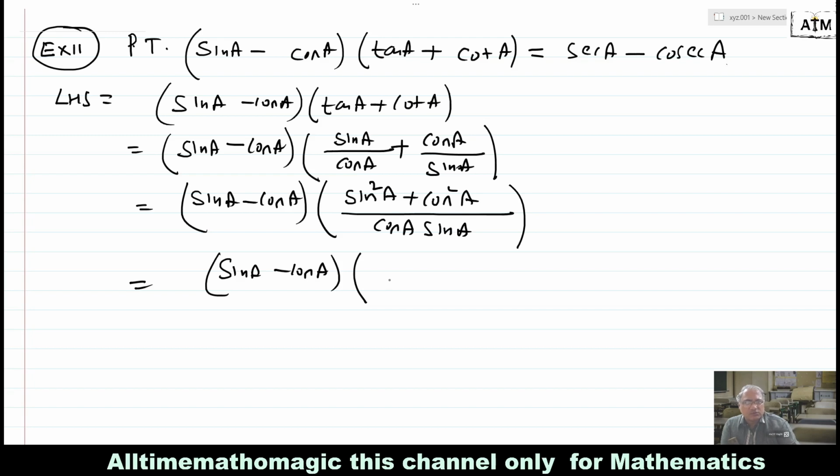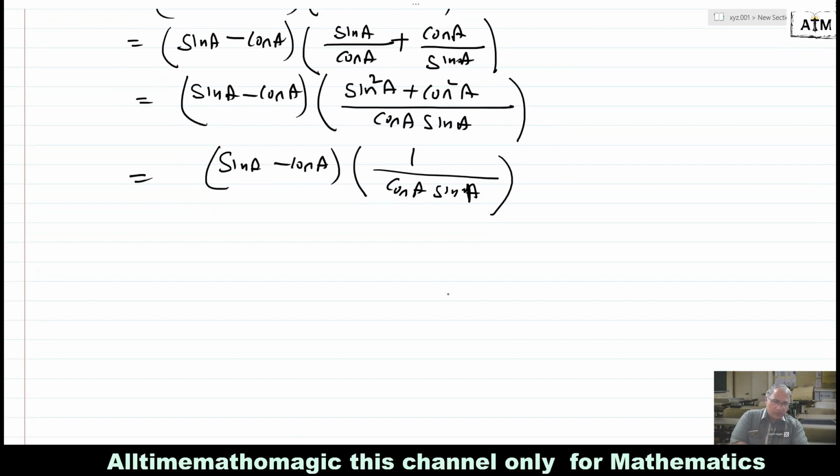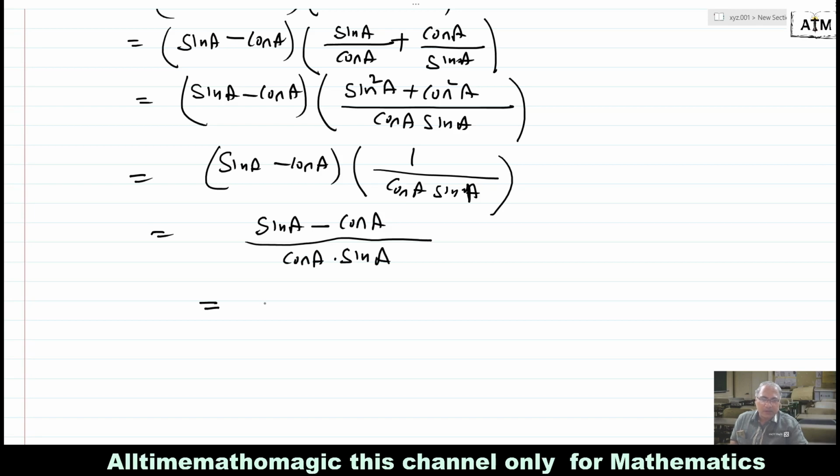Now here sin square A plus cos square A can be written as 1. So 1 upon cos A sin A, multiplied by sin A minus cos A, equals sin A minus cos A upon cos A multiplied by sin A. Now separating, converting into fractions: A minus B upon C equals A upon C minus B upon C. That is a single fraction converted into multiple fractions, that is splitting into fractions.